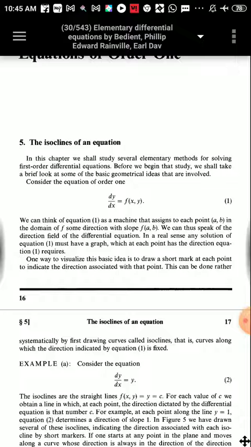One way to visualize this basic idea is to draw a short mark at each point to indicate the direction associated with that point. This can be done rather systematically by first drawing curves called isoclines, that is, curves along which the direction indicated by equation 1 is fixed.